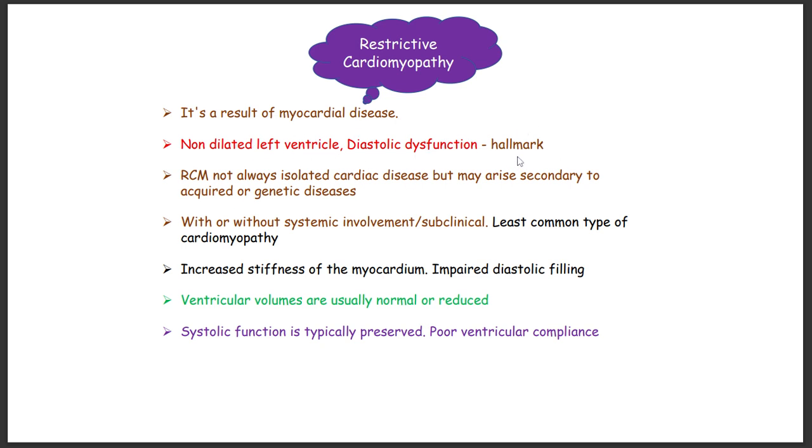This is the hallmark. There's dysfunction of the ventricles, but they are not dilated. Restrictive cardiomyopathy is not always isolated cardiac disease, but in other words it is not common. It can arise due to some acquired or genetic diseases.